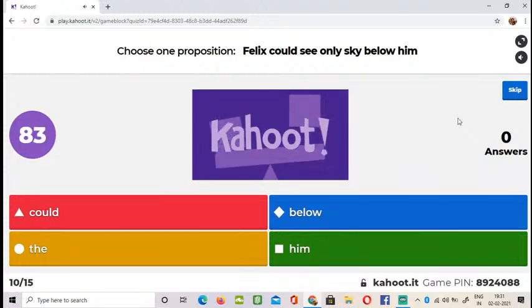Guys, it's not a multi-select question, so you have to select only one option. There's only one preposition in this question that you have to find out. The sentence is: Felix could see only sky below him. I've got one answer only.